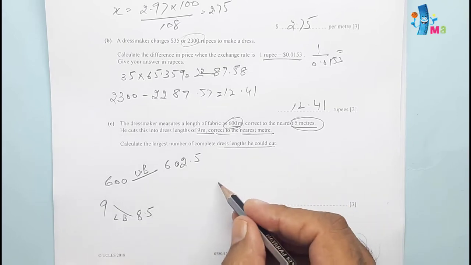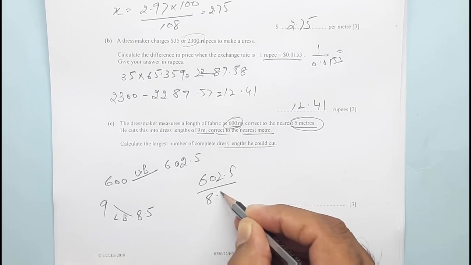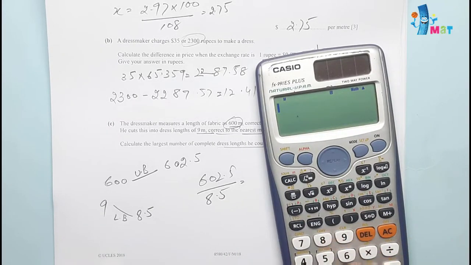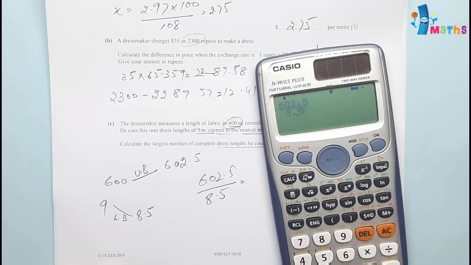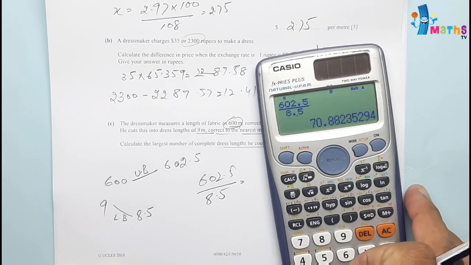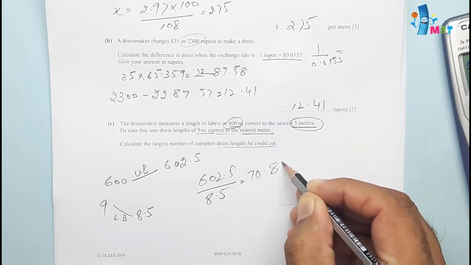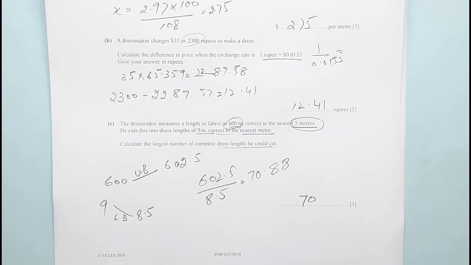We divide 602.5 by 8.5, and this will be equal to 70.88. So you can write the answer as 70.